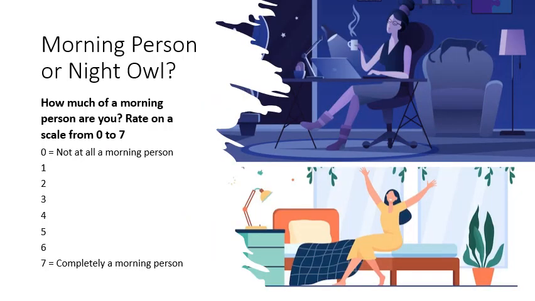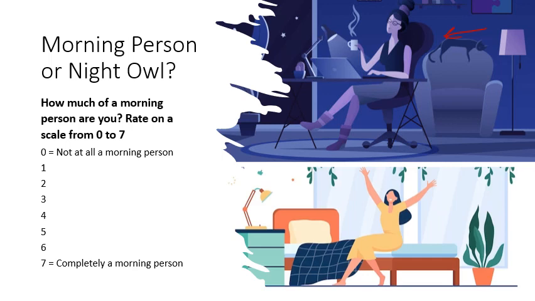So to begin to work with our concept, let's ask each of you to think about whether you are a morning person or a night owl. And by that we just mean, do you feel better trying to get work done as you would in this upper image in which this woman seems to be really alert. She's working at night. We can see the stars, but it seems like she's pretty content and happy and feeling good.